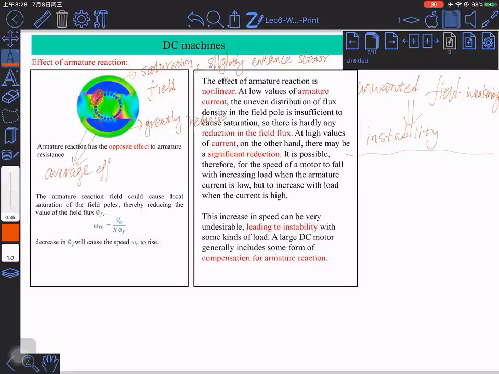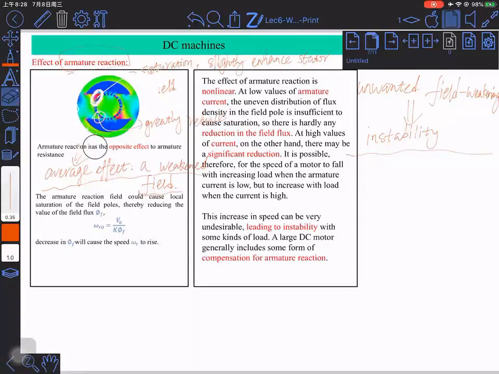We have a weakened field. And this is called field weakening. So now we have analyzed why: when we take into consideration the armature reaction, we have an average effect of a weakened magnetic field.